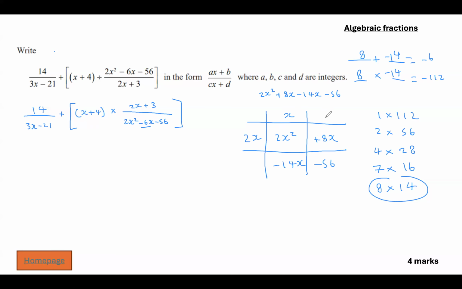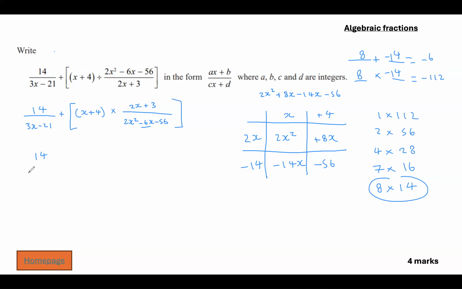2 times something to give us 8, but that's going to be positive 4. So 2x times 4 is 8x. And then over here, something times x is going to be negative 14, and negative 14 times 4 is negative 56. So we've already factorized the quadratic inside the bracket.